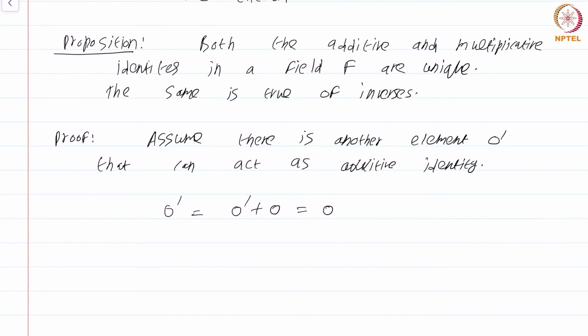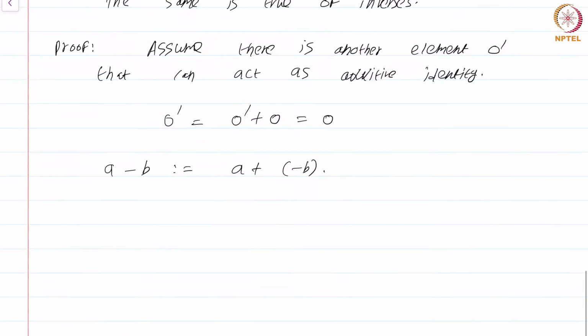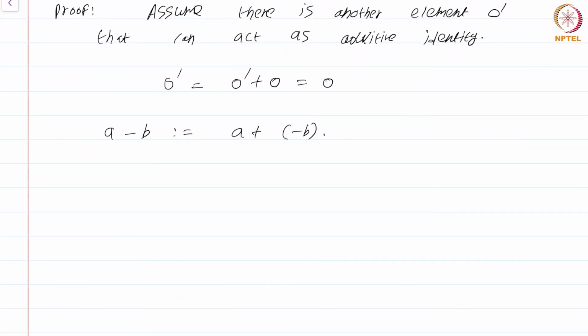Now the exact same argument works for multiplicative identities. Same, ditto. I leave also the proof of uniqueness of inverses as an exercise. Okay. Henceforth, we will also use the notation A minus B for A plus minus B. Okay. Let me just prove one more thing regarding fields, proposition.